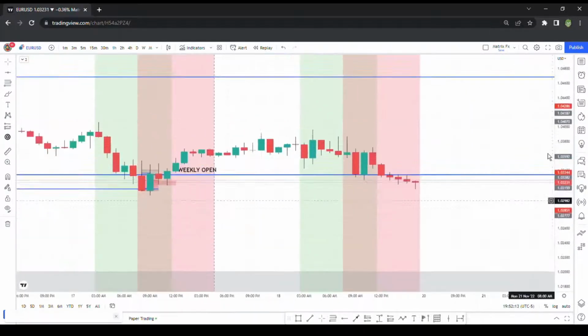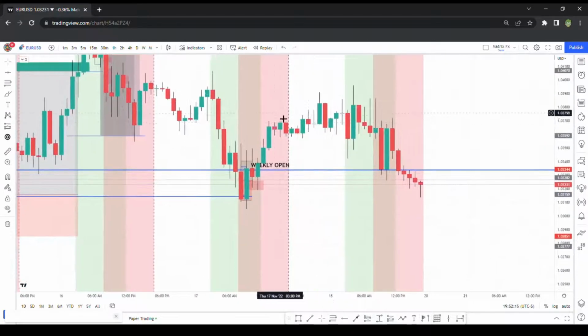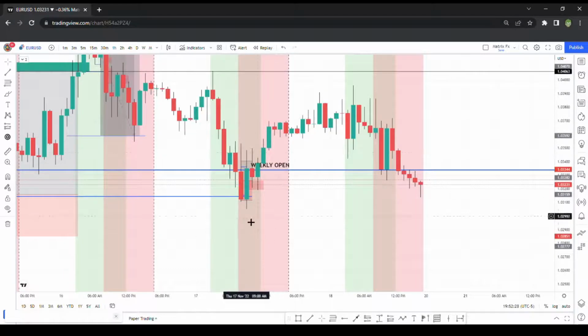On the hourly, what I did was mark the previous day high and the previous day low.